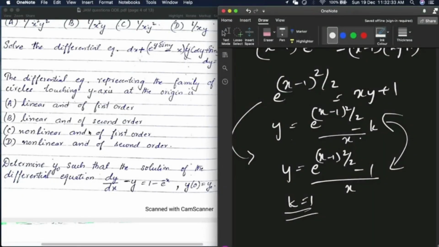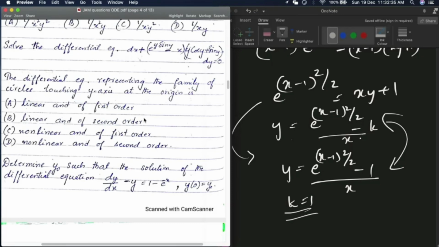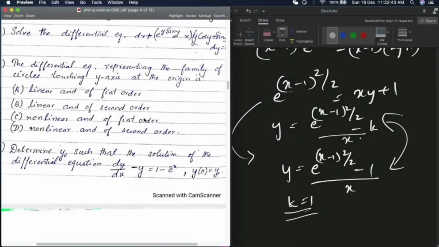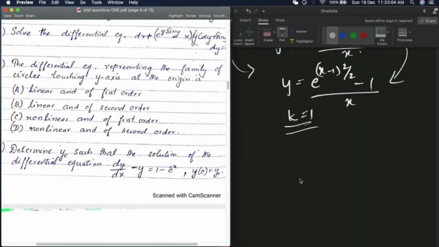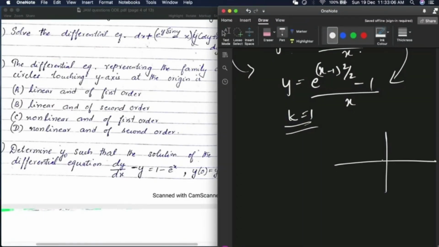See, I think they're talking about orthogonal trajectories. We have to just write the general equation and form the differential equation. I think they are asking about this family of circles touching the y-axis at the origin.